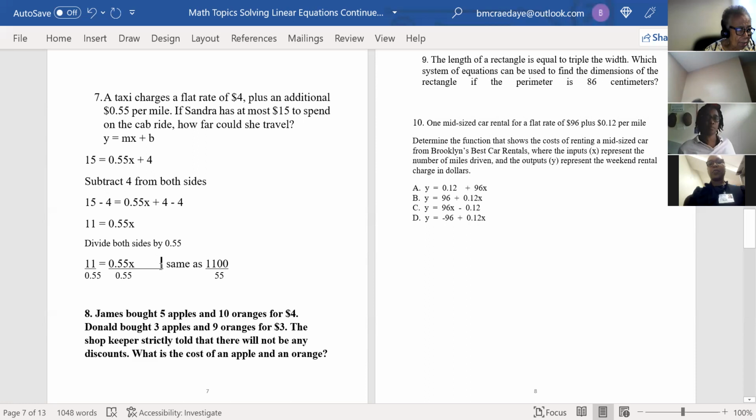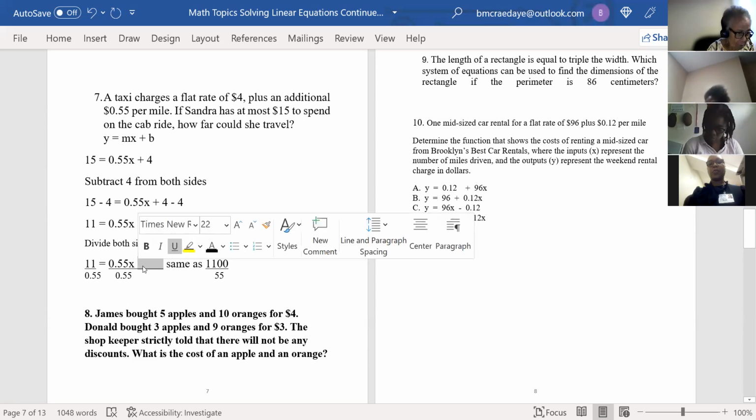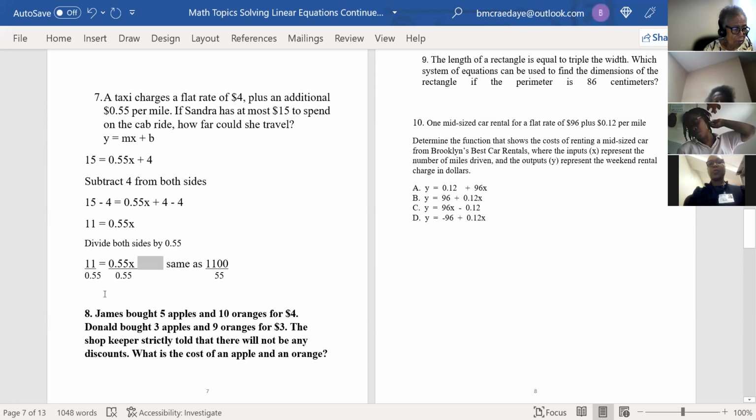Vanessa said it's 20. Did you get 20? Yeah, 11 into 55. So x = 20. That means she can travel 20 miles.